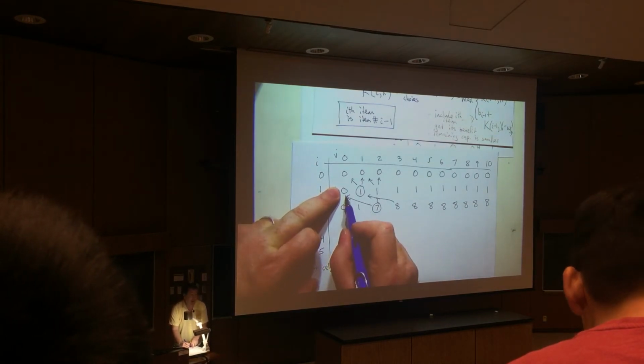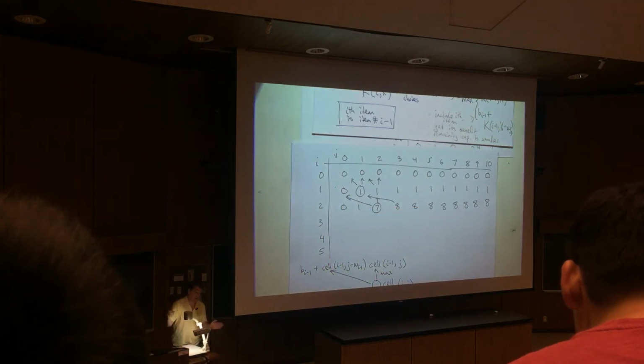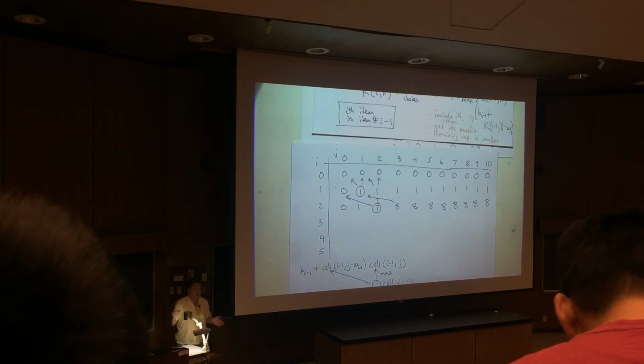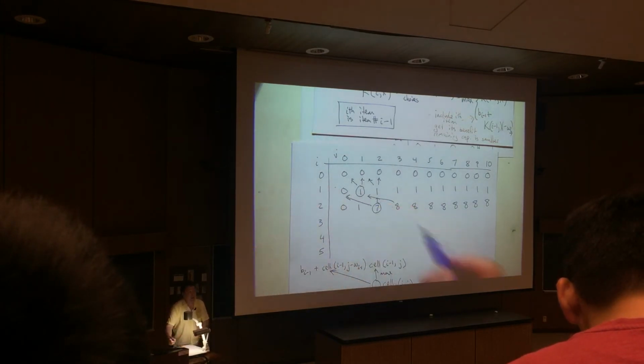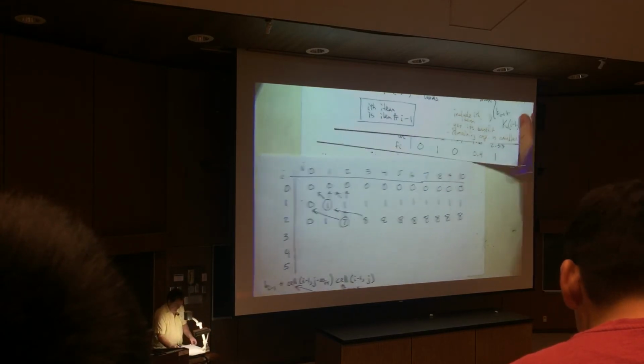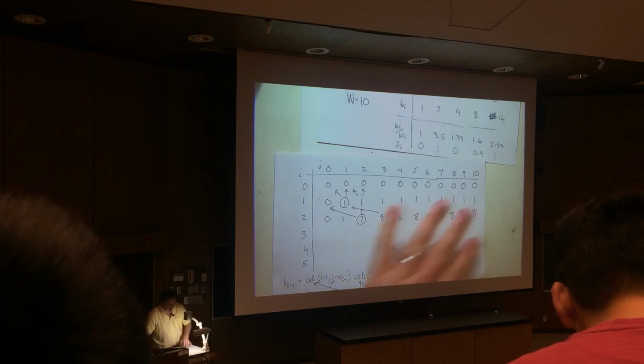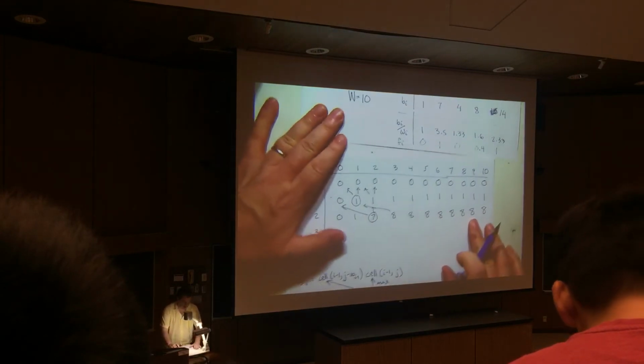We go 2 units back because the item has weight 2. It takes away 2 units of capacity. We add 7 because that's the benefit of that item. And we do that same calculation in all of the cells of this row.